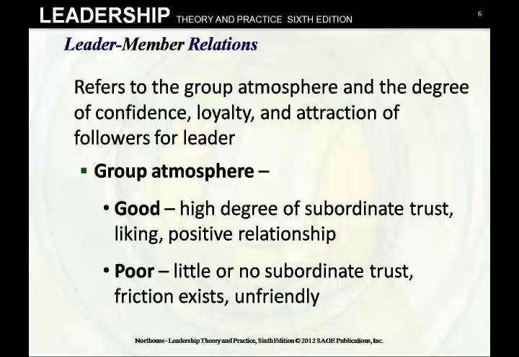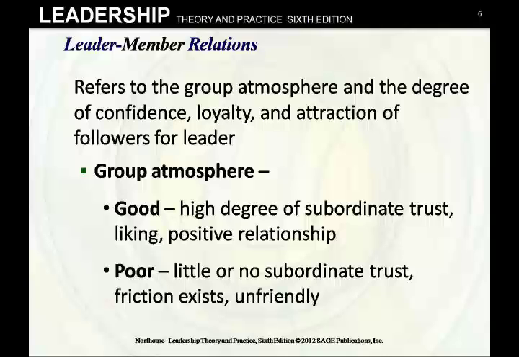If you have a good atmosphere, you're going to have a high degree of your employees trusting you, liking you, having a positive relationship. If you have a poor group atmosphere, your employees are going to have little or no trust in you. There's friction that exists, and it's an unfriendly environment.